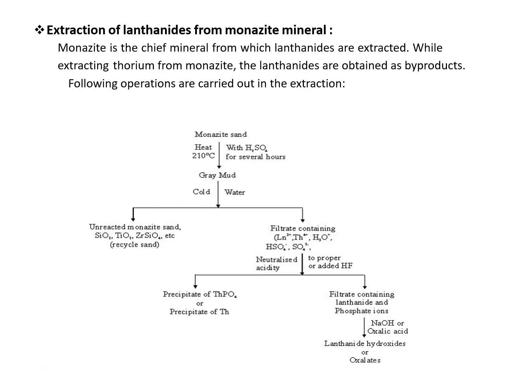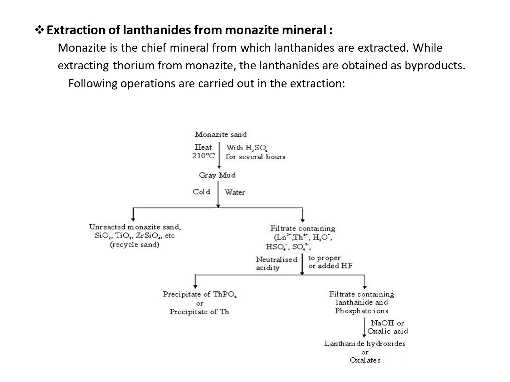Next, extraction of lanthanides from the monazite mineral. Monazite is the chief mineral from which lanthanides are extracted. While extracting thorium from monazite, the lanthanides are obtained as a byproduct. The following operations are carried out in the extraction. The monazite sand is heated with sulfuric acid for several hours. Then it is treated with cold water to separate the unreacted monazite, and the filtrate contains lanthanum and thorium.